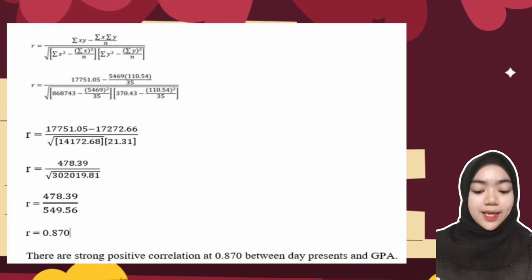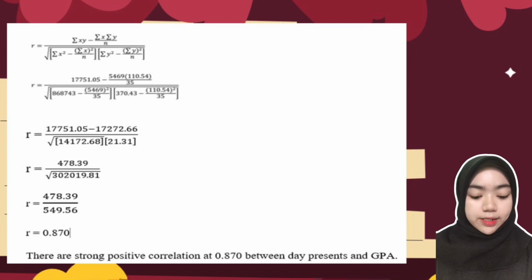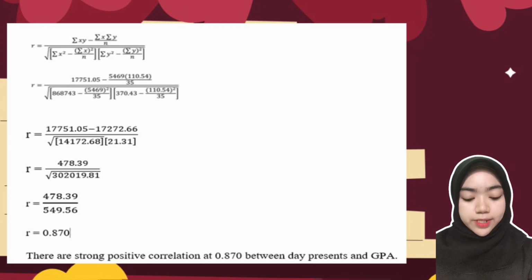After we carry out the totals from the table, we use the correlation coefficient formula to find the correlation between days present and GPA. You can see the slide. The totals we got from the table, we calculate using this formula. R is the Pearson correlation coefficient, N is the number of observations.